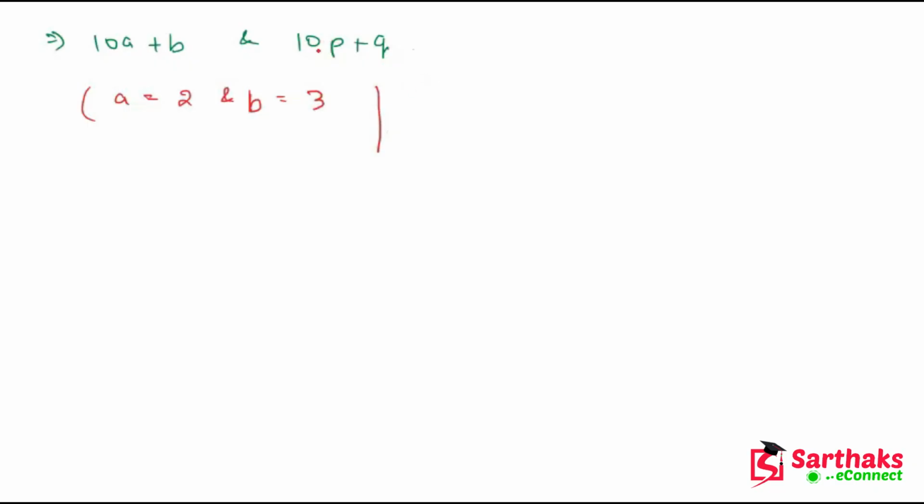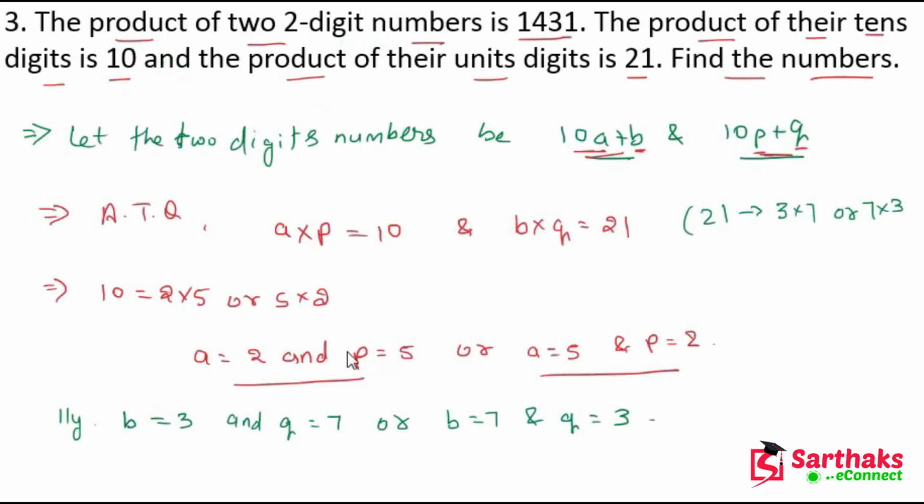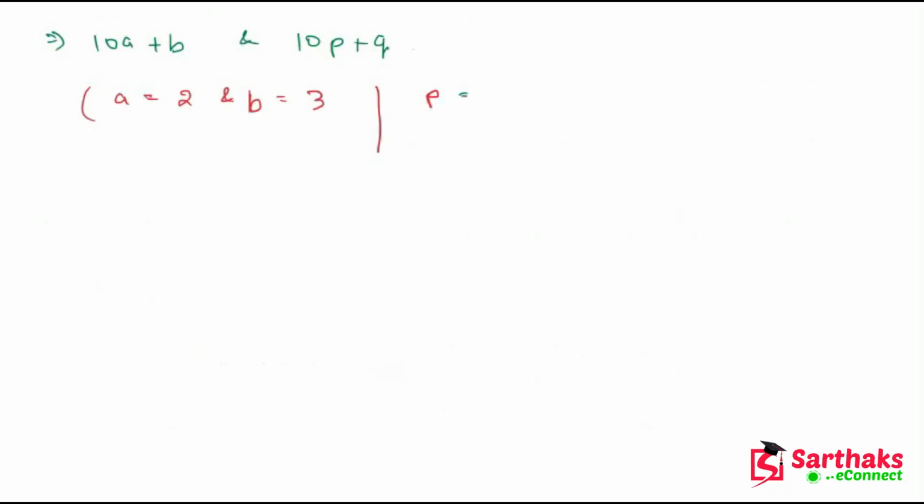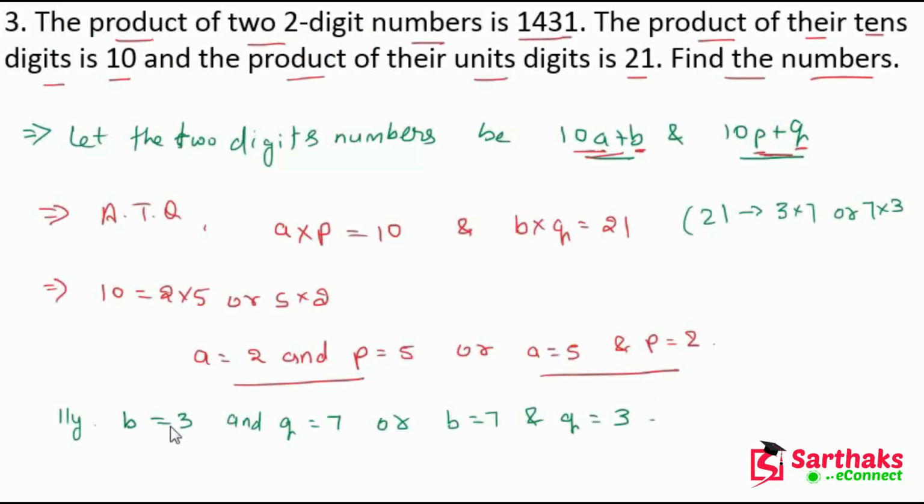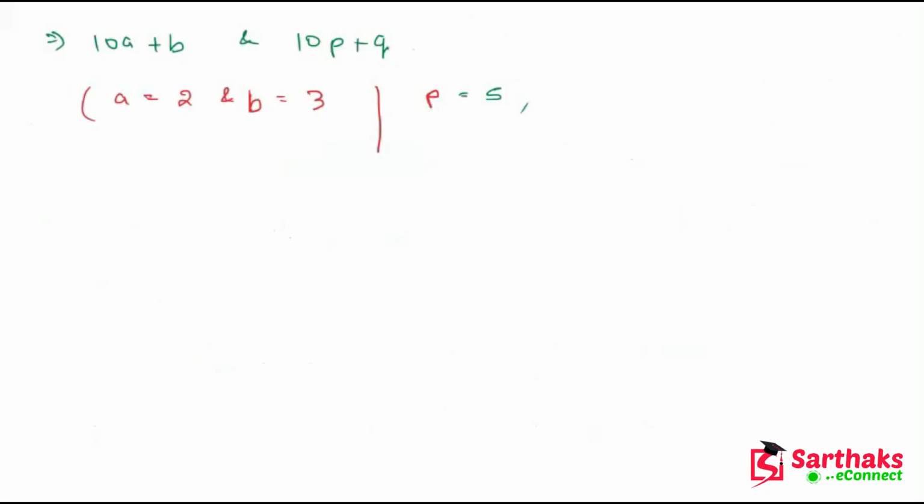So if a is equal to 2, then p is 5. And if b is equal to 3, then q is 7.